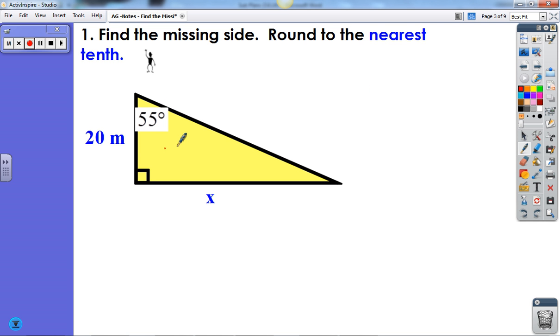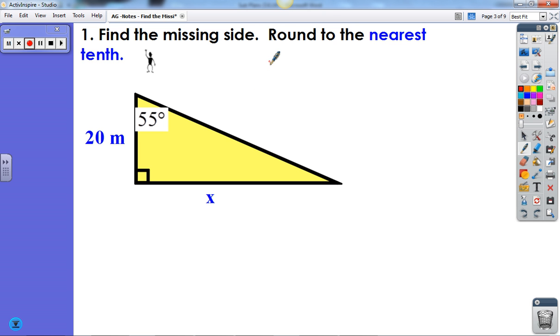So notice I've got to decide, am I going to use sine, cosine, or tangent? I'm not going to use all three. I'm only going to need to use one. And I'm going to choose which one I use based on what information I'm given. So in this, I'm given this angle. I'm looking for the opposite, and I have the adjacent.